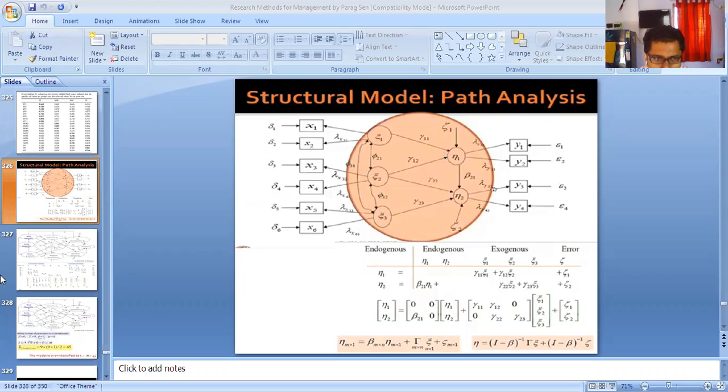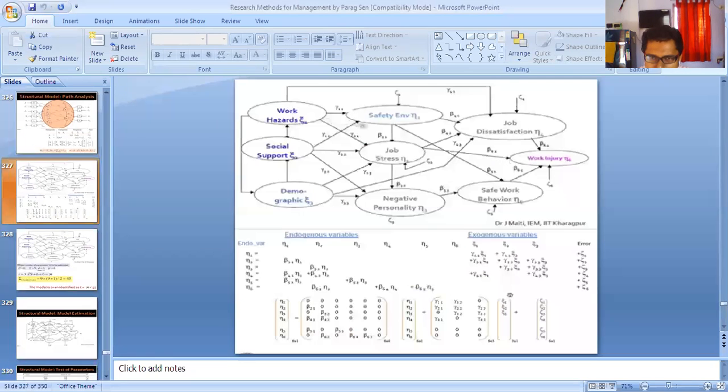Here also you need to do the same sort of things. These are the equations for this particular case. These are given. It's the same way I have previously told you how these equations are derived: how one particular variable is influenced by others, based on that these equations are written.